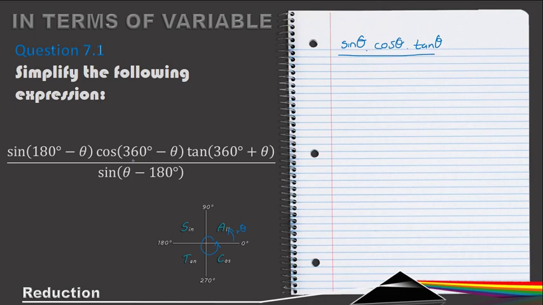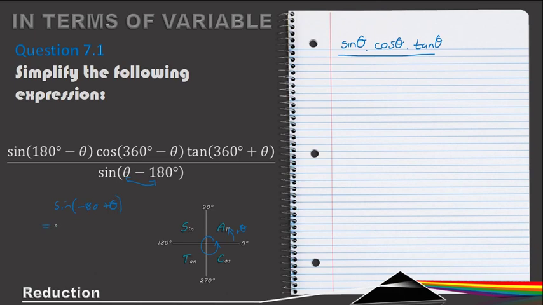Alright, so now, as you can see, this is sine of theta minus 180. So normally we have the 360 or 180 in front of the theta. So what we need to do now is swap these two around. So what I do is I say, okay, this is going to be sine of minus 180 plus theta, because remember, if I swap terms around, I have to take the sine with, and then I need to factor out the sign.